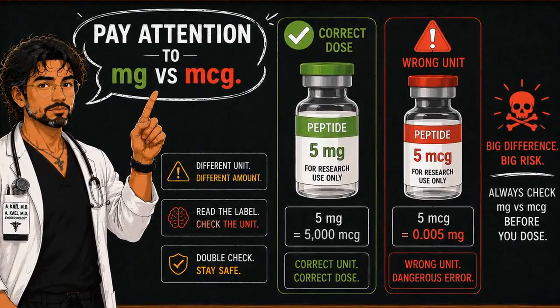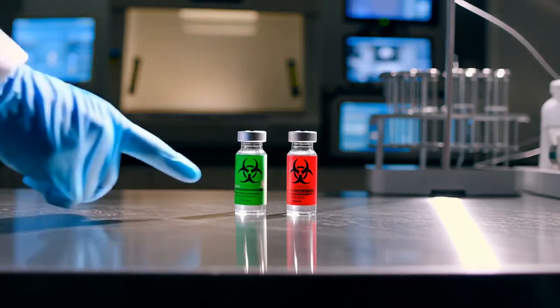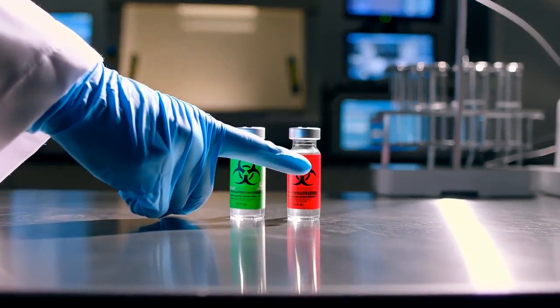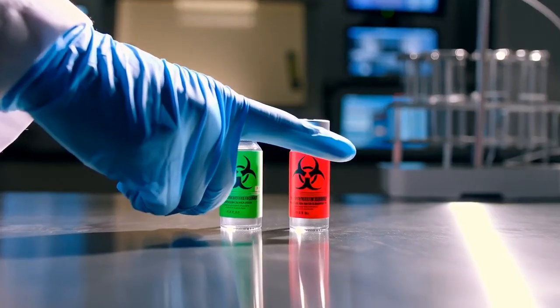Do not substitute this with regular water or saline. Use BAC water. Once you combine the BAC water with the peptide powder, what you have is a solution. And the most important characteristic of that solution is its concentration, meaning how much of the active compound is present per milliliter of liquid.